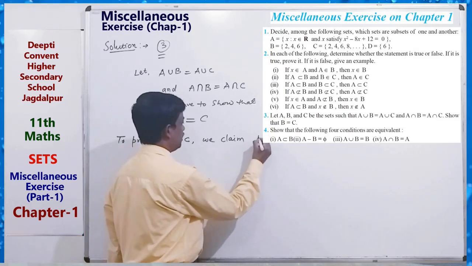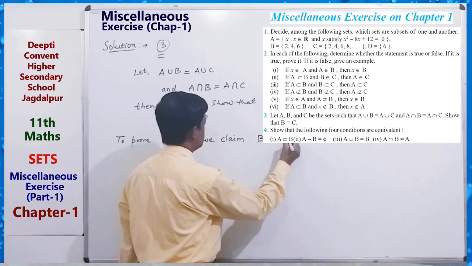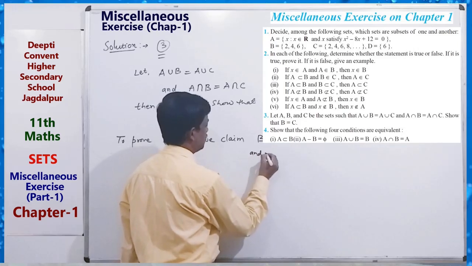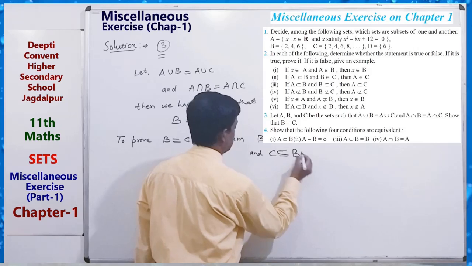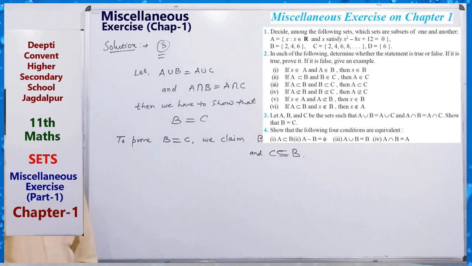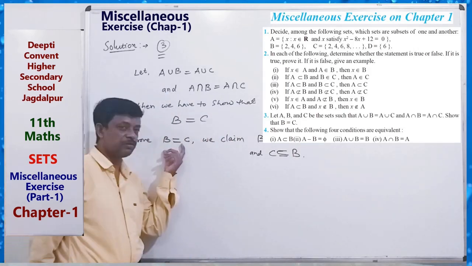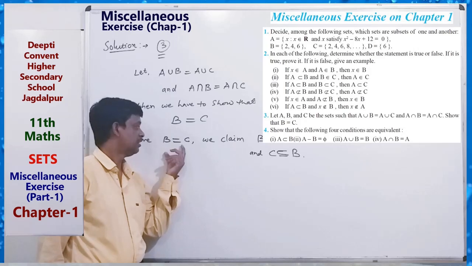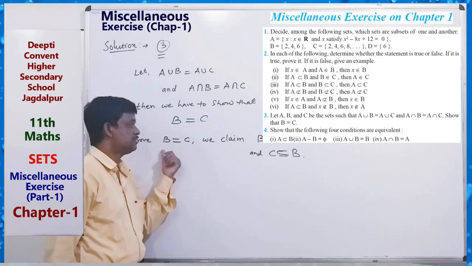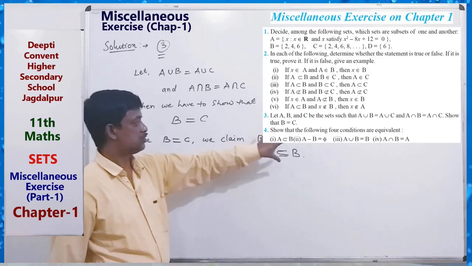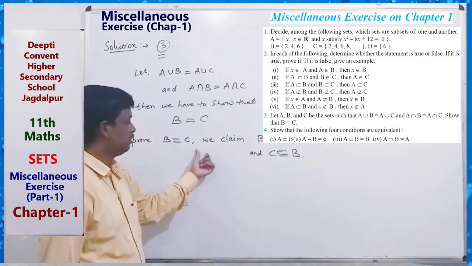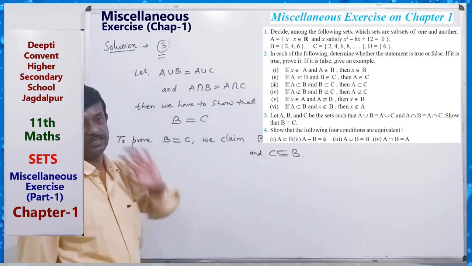We claim what? B subset C and C subset B. Clear? Because two sets are equal when this is a subset of this and this is a subset of this. So B subset C, C subset B, we have to show. If we can show these two, then we can say B equals C, using these two conditions.